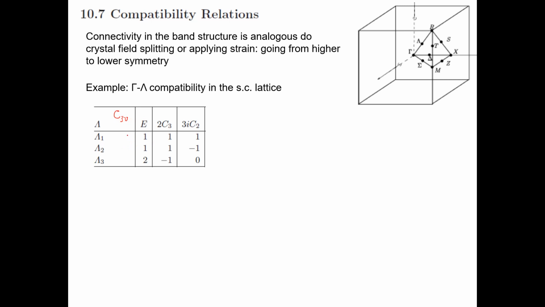This is the character table, and you have three irreducible representations: lambda 1, lambda 2, lambda 3. Two of them are 1D. One of them is 2D. Okay, and these are the three different classes that you have for that group.